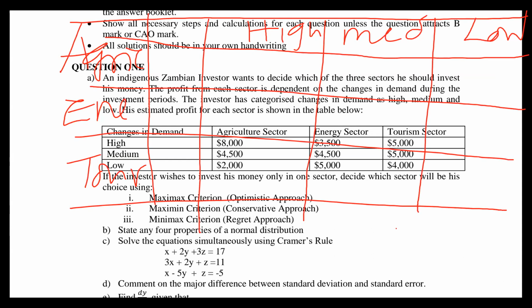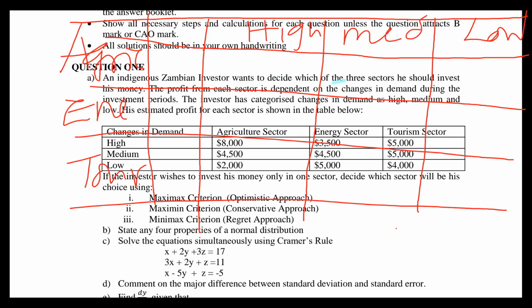So you are given these entries. In agriculture, you start with agriculture. This is a column now; you convert it into a row. It's still the same thing. I've made a mistake.